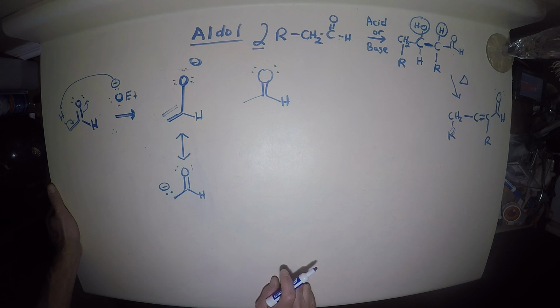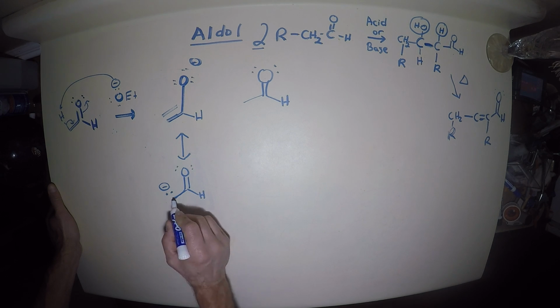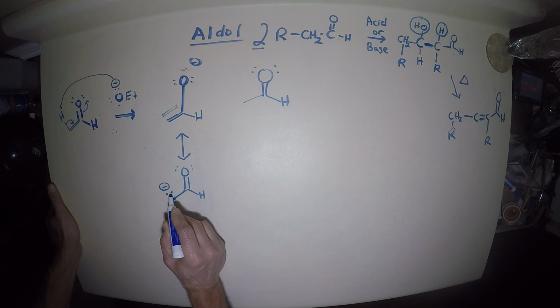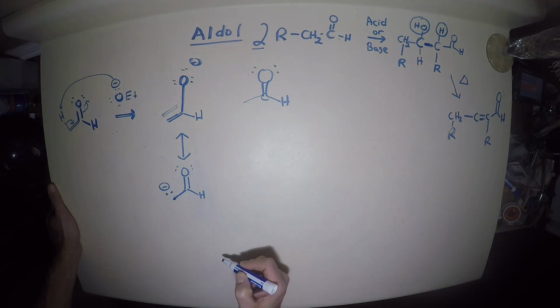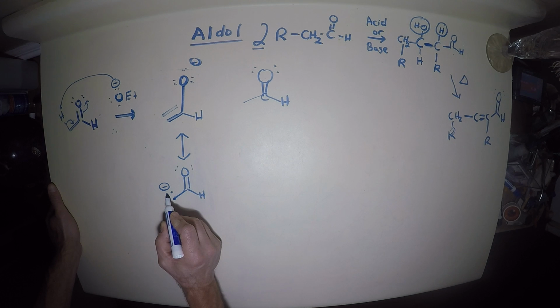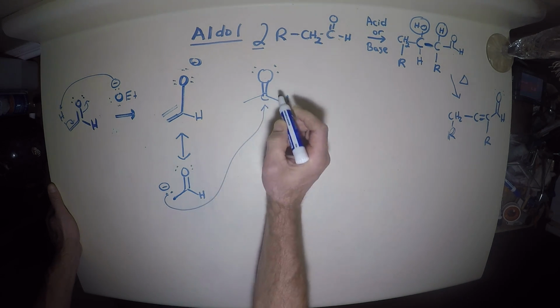In this case, I'll just use this form. And the key step is again to realize the alpha carbon has a significant nucleophilic character, and the carbonyl has an electrophilic character, so the connection can be made like so.